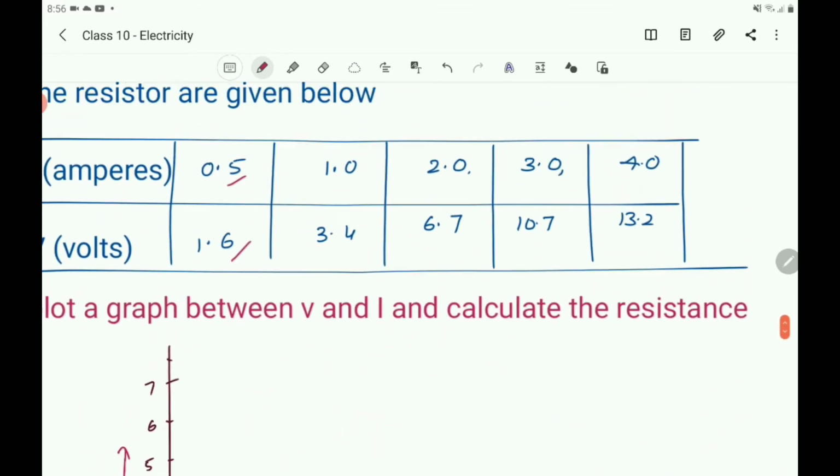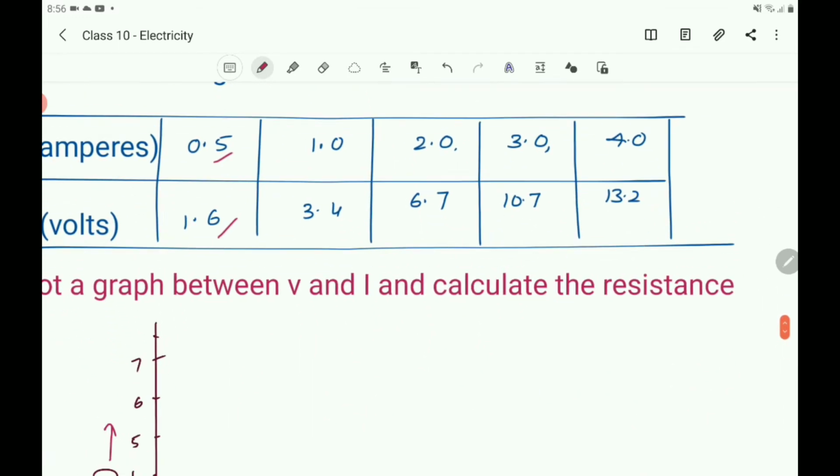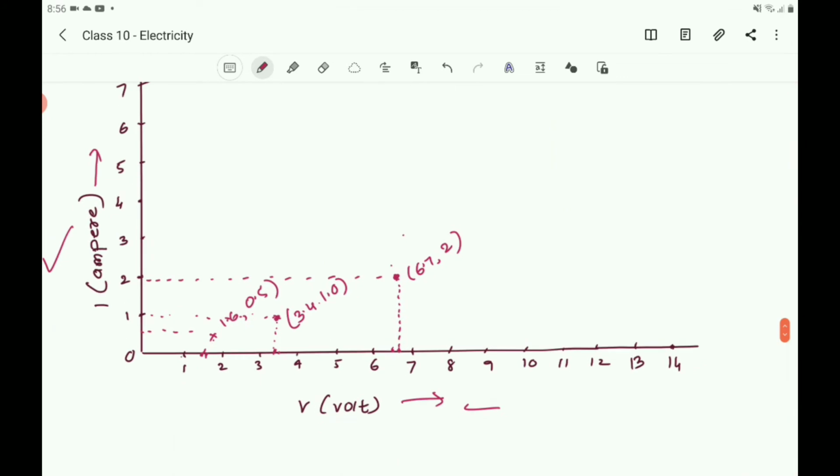Then the next one is 10.7. 10 is here, and the middle of 10 and 11 is 10.5, so a little more than 10.5, and go straight to 3. Here to get the point.